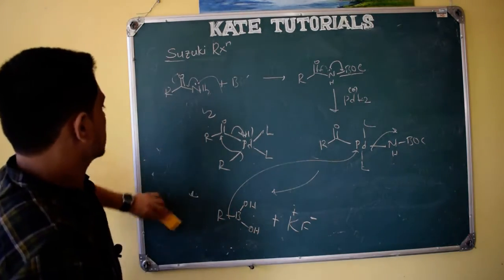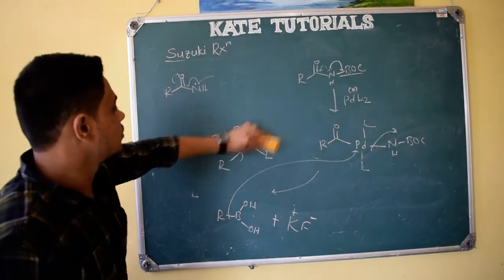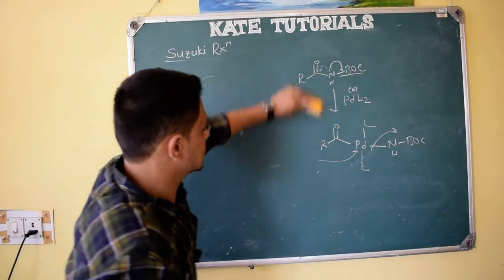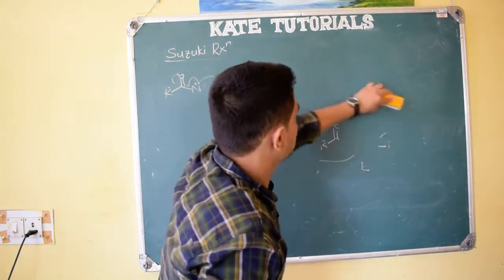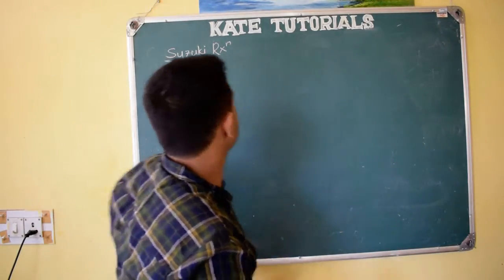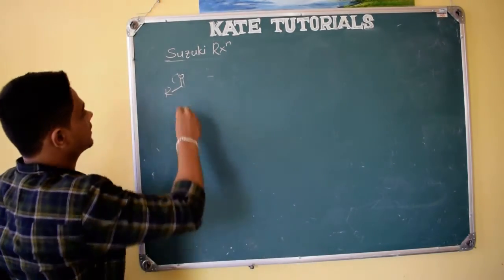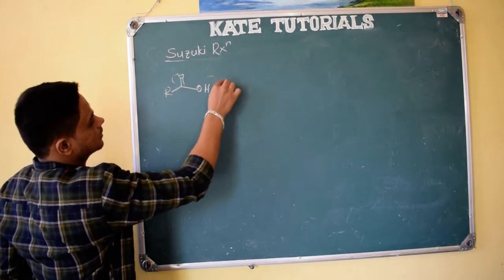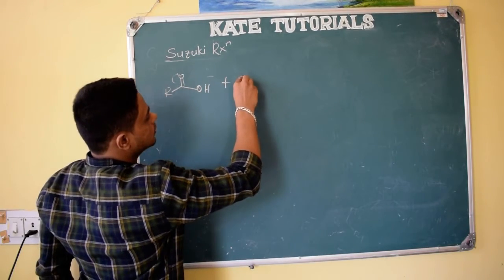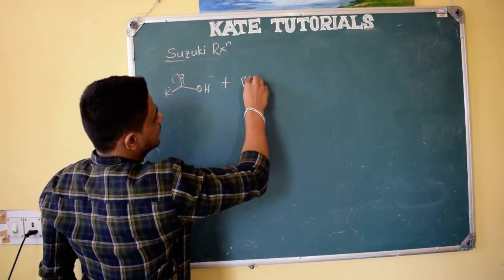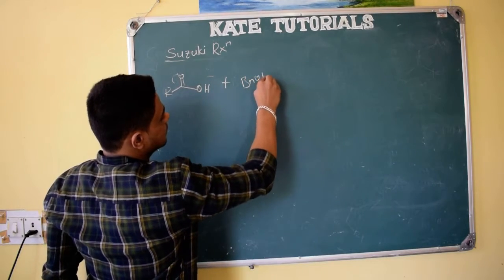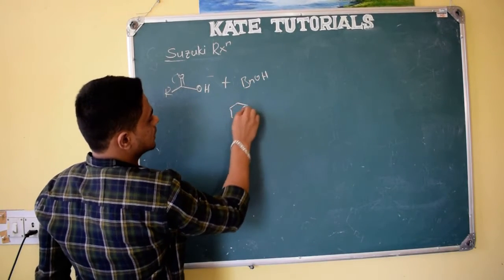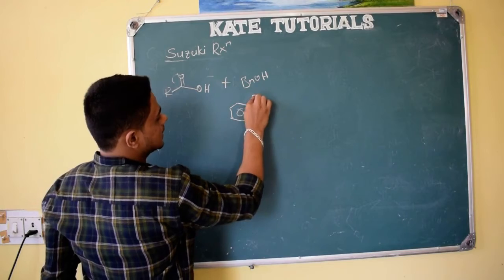And not only amide, he also converted acid into ketone using this Suzuki reaction. What he did is, this is the acid, so he converted it with BnOH. This is an alcohol. BnOH, you should know the structure: C6H5CH2OH.